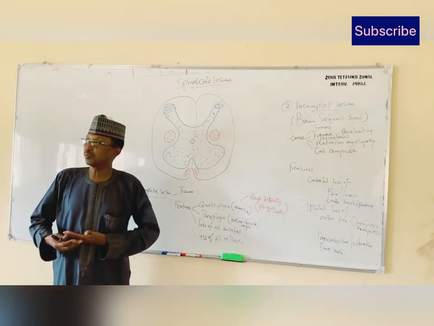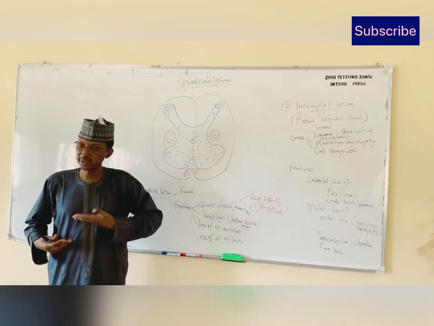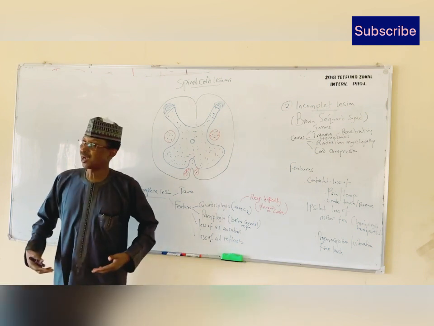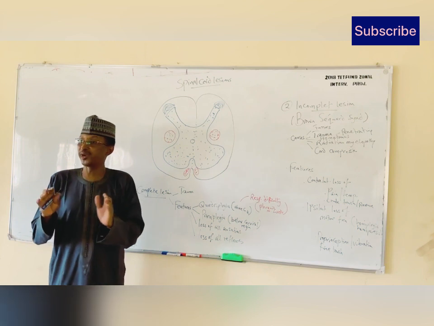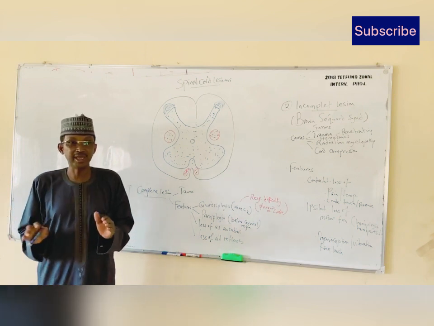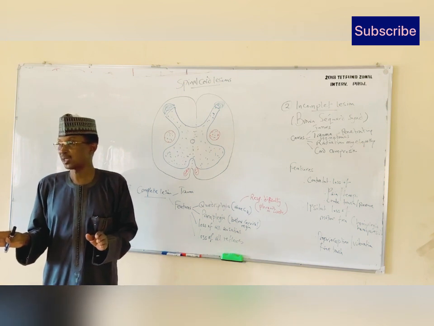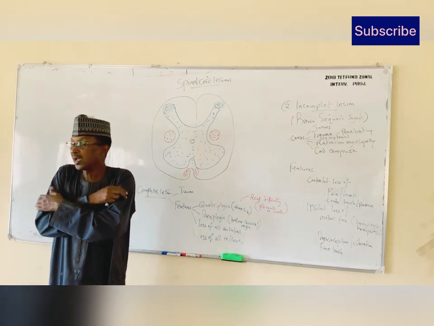But if it is below the cervical region, at the level of the thoracic or lumbar region, you have what you call paraplegia. You know your brachial plexus ends at the level of T1, T2 maximum, so below that level, all those nerves supplying the upper limb are spared.